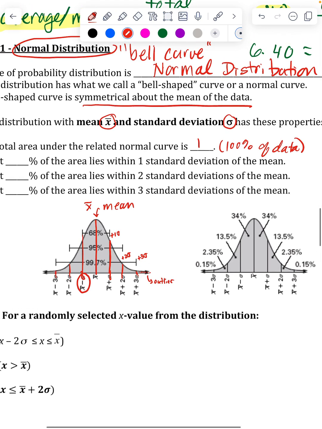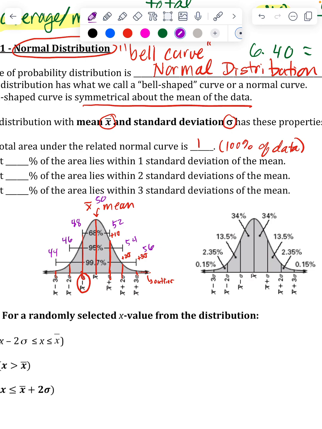So pretend your average was 50 and your standard deviation was 2. This would be 52, 54, 56. Going left, it would be 2 before that, so 48, 46, 44.